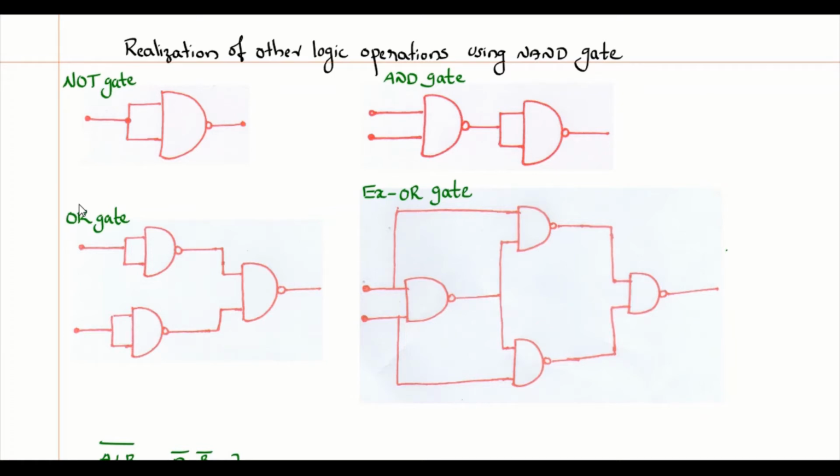The first one is the realization of a NOT gate using NAND gate. Let the input be A. The input of the NAND gate is A and A. So the output Y, we know that it is (A dot A) complement.